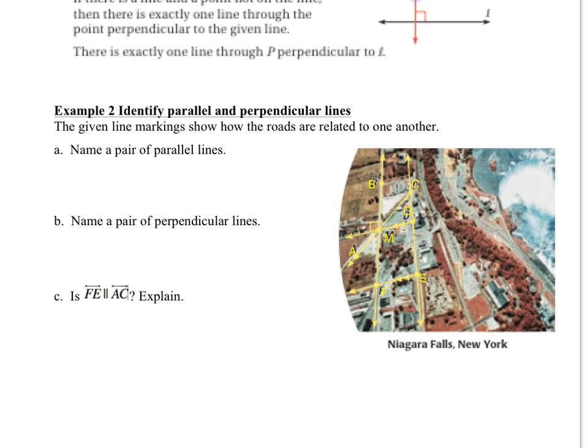Okay, it's going to probably be a little tricky to see, but we're going to look at this diagram and try to highlight these yellows a little bit better. Make sure you can tell that this is perpendicular here.